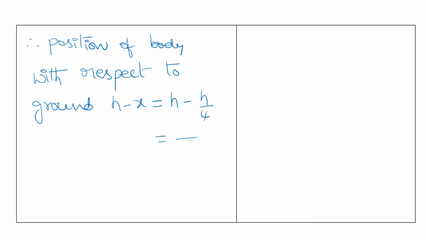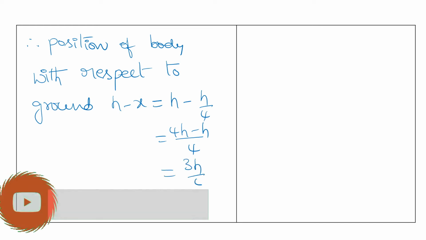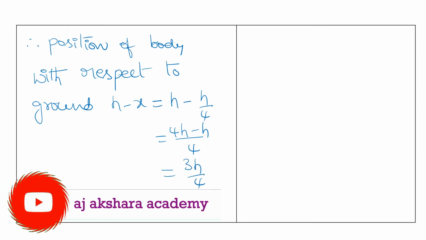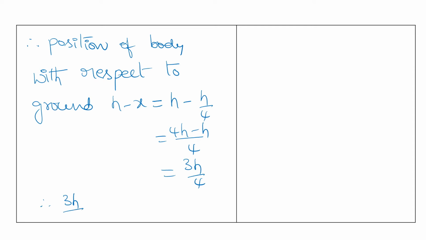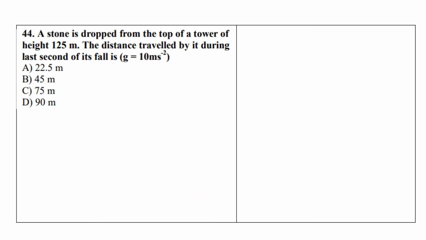Taking LCM, 4h minus h by 4. So that is 3h by 4. So 3h by 4 from ground. Okay. Next, we will go to the next question.